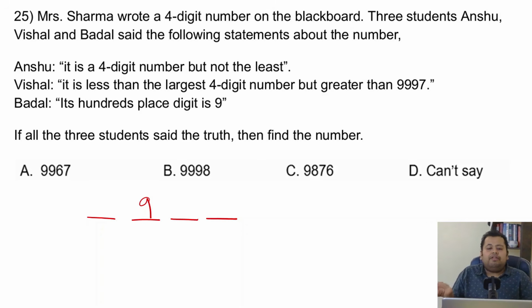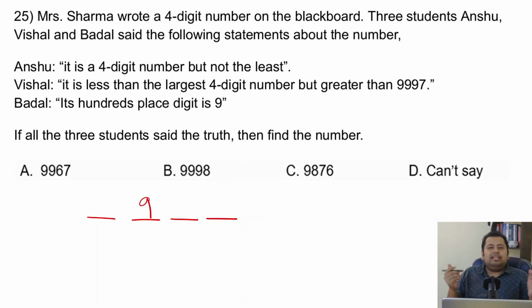Now, if all the three students said the truth, then find the number. If you just look at what Vishal said, I think that itself gives you an answer. But just pause the video, solve it first yourself, and then come to the solution.